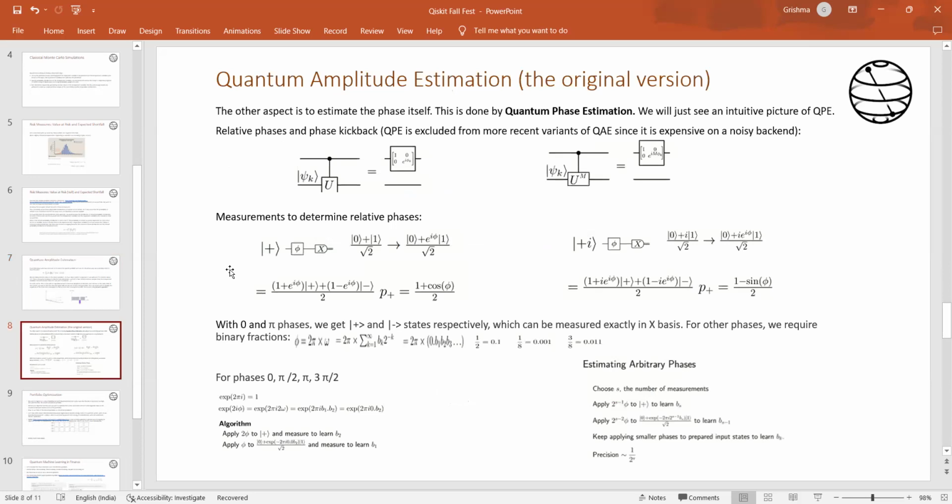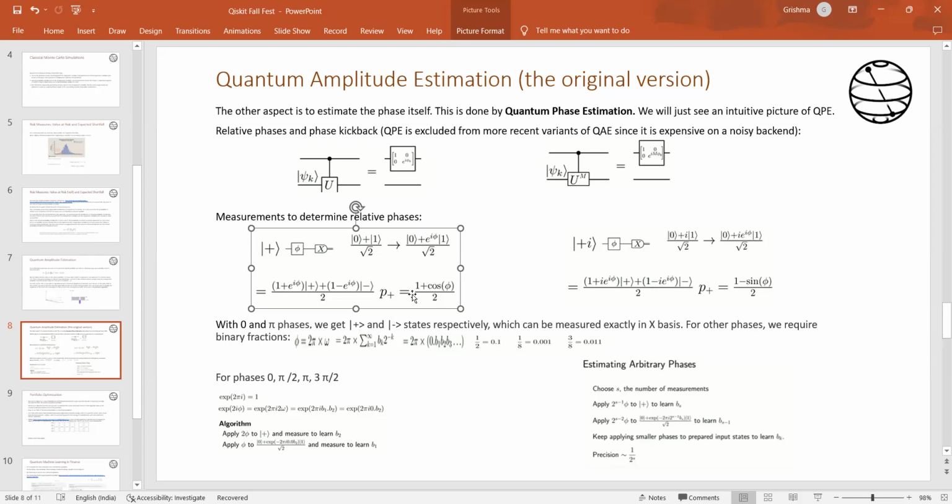So yeah, this is exactly what phase kickback is through these diagrams. Another important thing in every algorithm is, of course, measurements. The idea of estimating a phase is to measure the state, and after measuring the state is when you can actually get an estimate of your phase.